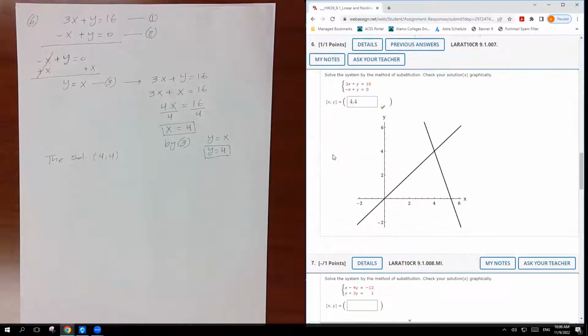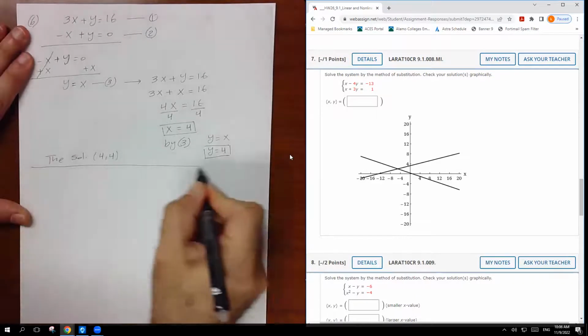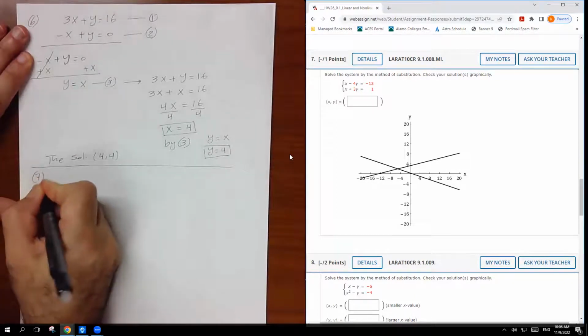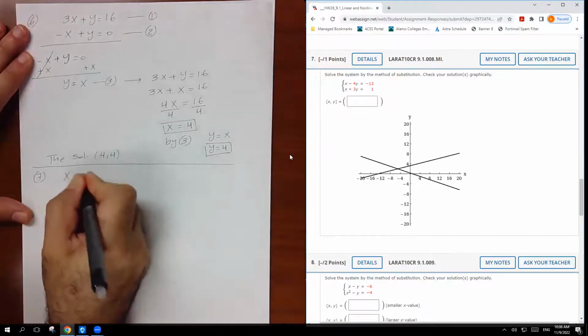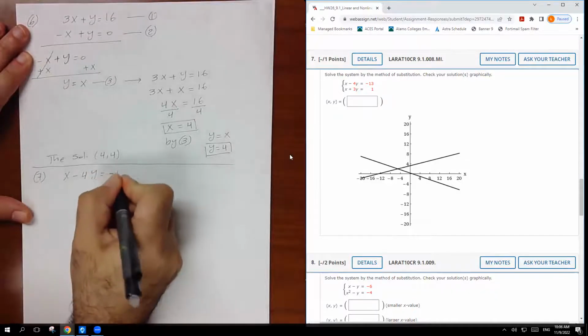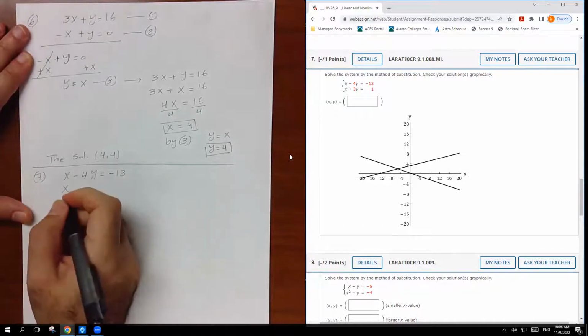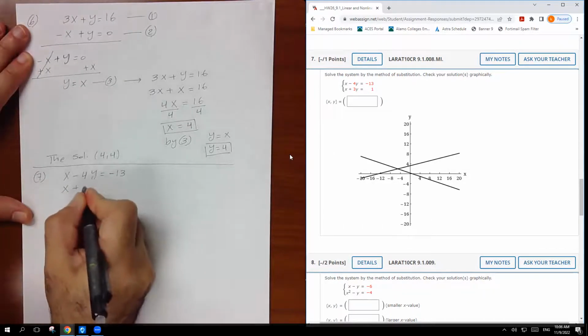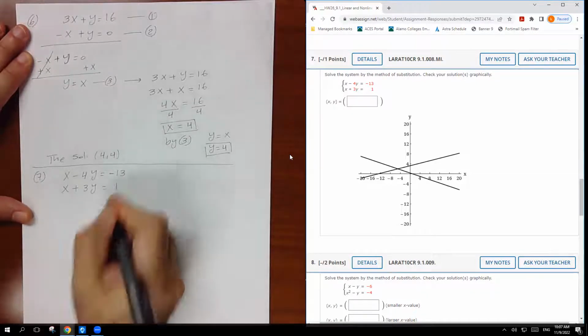We're going to do exactly the same thing for example 7. So we have the system. Our system is x minus 4y equals negative 13, and the second one is x plus 3y equals 1.